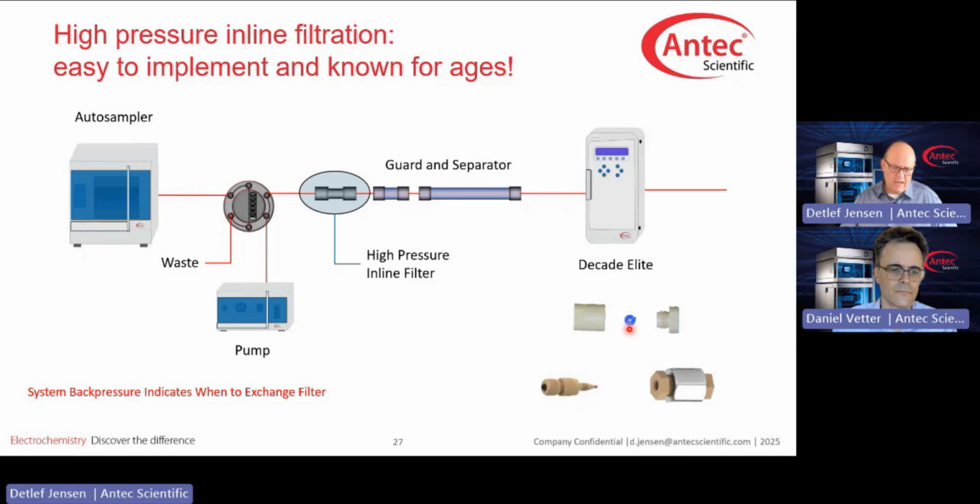The particles end up on the filter, and if you follow the back pressure of the instrument, you will see that the back pressure will continuously increase, and the pressure increase that would trigger some activities on the instrument is between 500 and 800 psi, depending on the settings or recommendations of the laboratories.